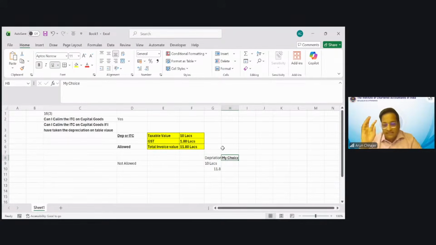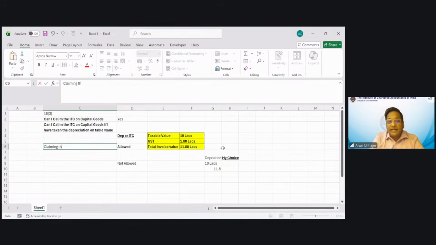Now in the GST, I don't know too much about income tax, so I am not going into that argument. But if I say I am claiming the depreciation on 10 lakh, or I may also say I am claiming the depreciation on 1180.